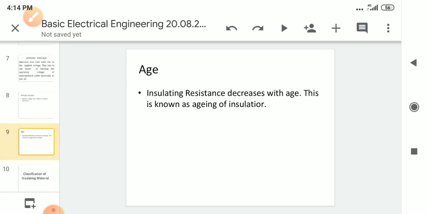After that, age. Insulation resistance decreases with increase in age. This is called the aging effect. That's why manufacturers also give instructions and a warranty period for particular materials. After that, the insulation material slowly loses its mechanical strength and it gives some breakdowns also.